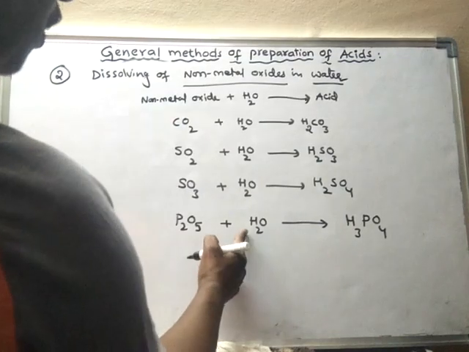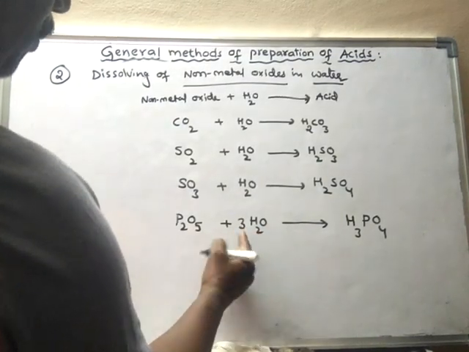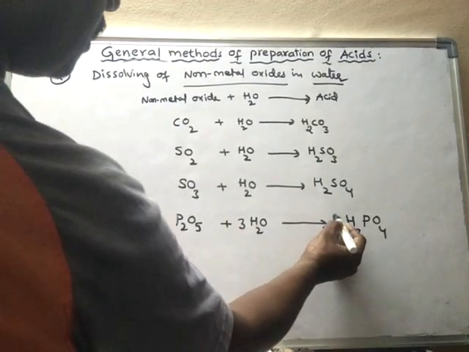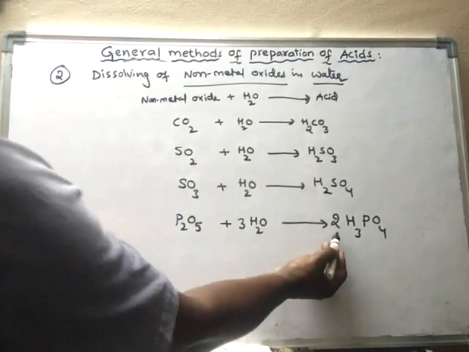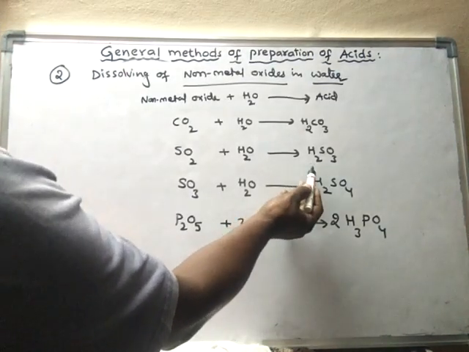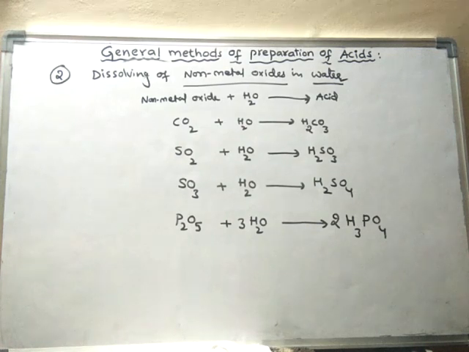Phosphoric acid has 3 hydrogens, here only 2 hydrogens are there. So if I put 3 water molecules, then 2 phosphoric acid molecules form. So this is called phosphoric acid, sulfuric acid, sulfurous acid, carbonic acid.